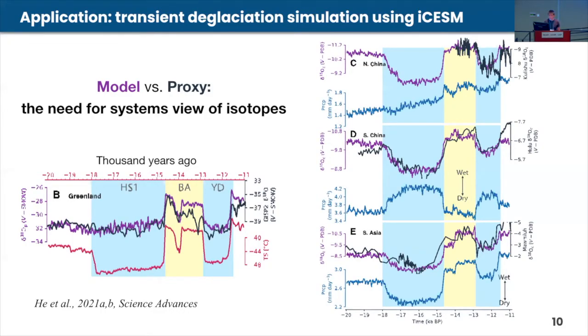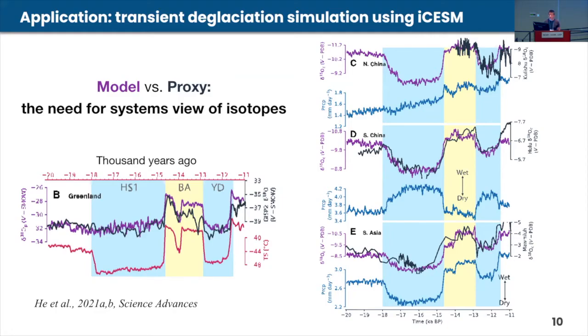The blue lines are the precipitation in the model, and we can compare with the delta 18O. Starting from the bottom, South Asia, you see a very nice relationship between the delta 18O and the precipitation, suggesting that the amount effect works for South Asia. But if you move to South China and North China, you see that again, the relationship breaks down, suggesting that the simple amount effect does not always work.